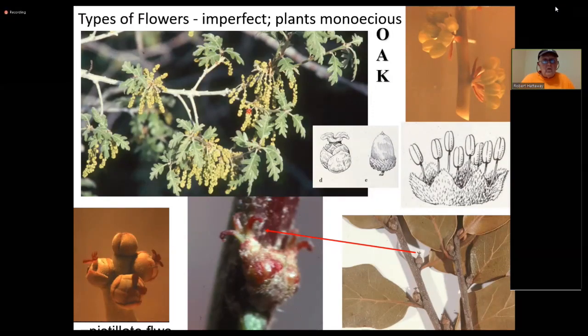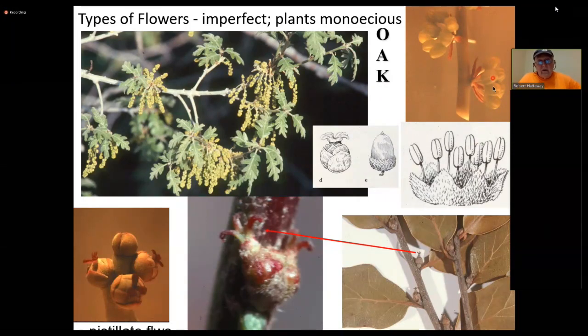On the oak, we'll soon have these little tassels falling onto your cars, and they're loaded with pollen. Every tassel has sometimes 25 or more flowers in it. And there's a glass model showing the individual flowers that have some sepals or petals.